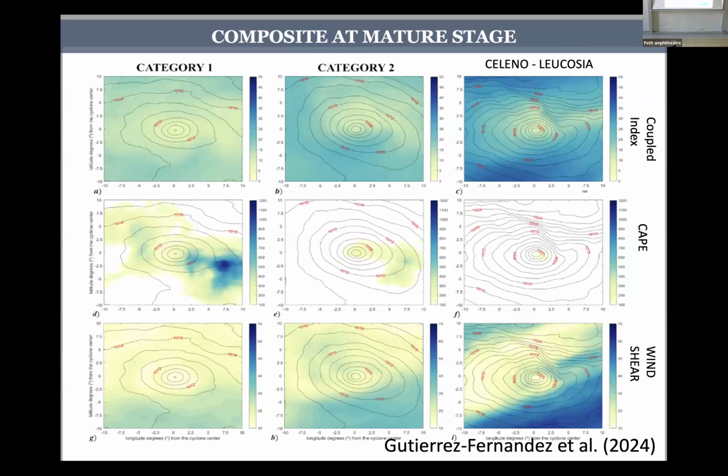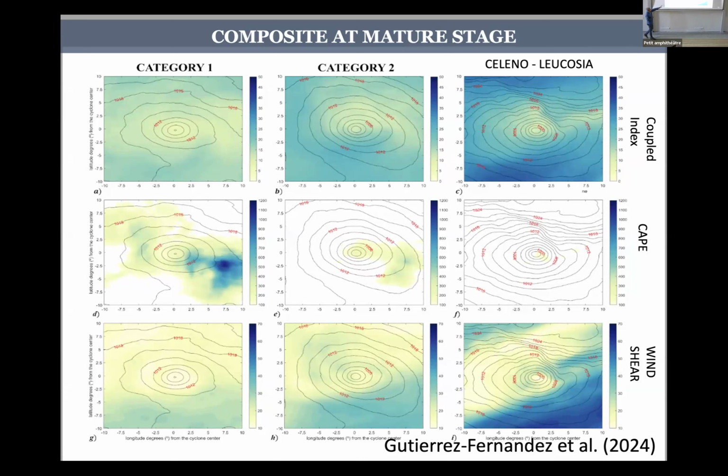Just one slide as a comment on the poster that is outside. We try to classify, to distinguish these two categories also from a climatological, large-scale perspective, using the fact that the radius can be reduced in the most intense, the mature stage, or not.